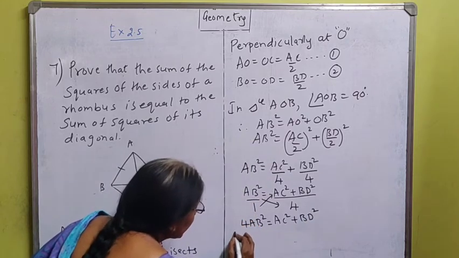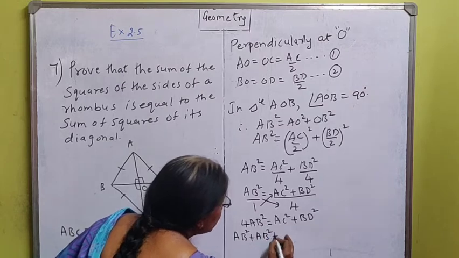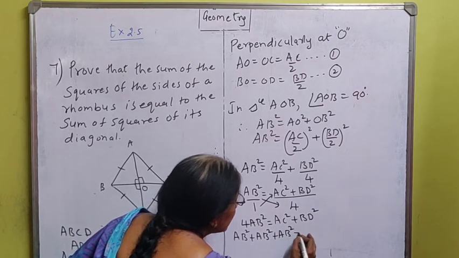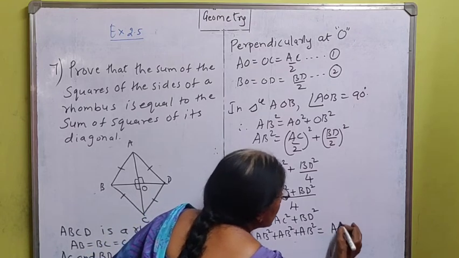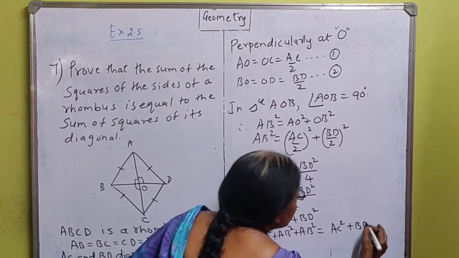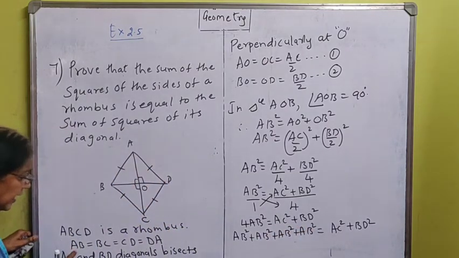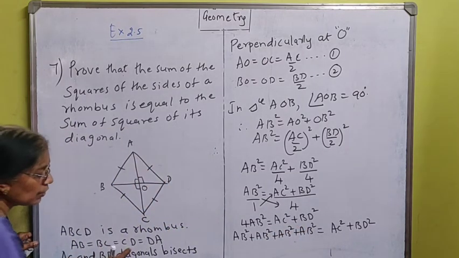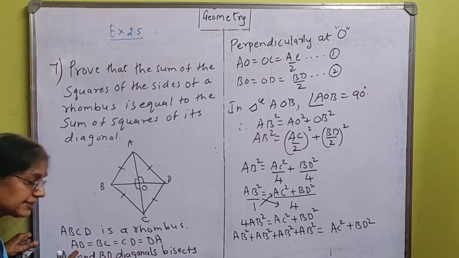4AB square means what I can write down? AB square plus AB square plus AB square plus AB square is equal to AC square plus BD square. Why did ma'am write like this? Because you can see here AB is equal to BC is equal to CD is equal to DA. Which AB will remain as it is AB.